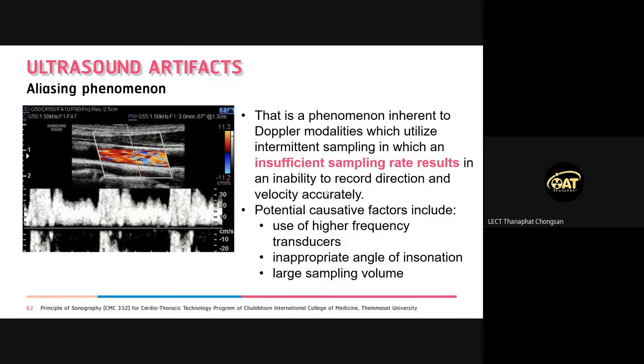Everyone can see this aliasing phenomenon when we use higher frequency or a large sampling volume. It is displayed when we use insufficient sampling rate, likely mixing blood from artery and vein, mixing red and blue areas. This is the aliasing phenomenon.